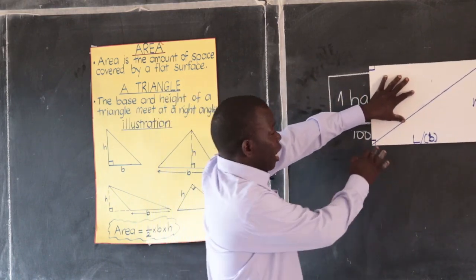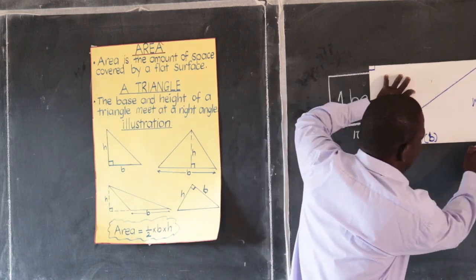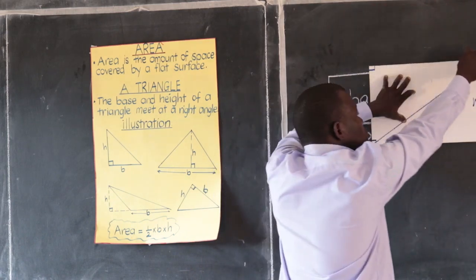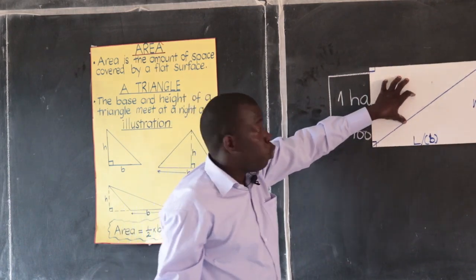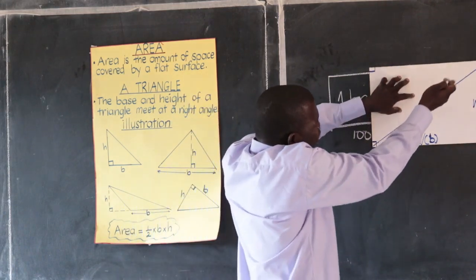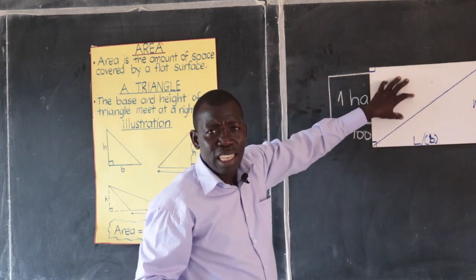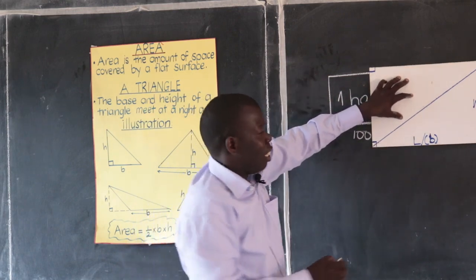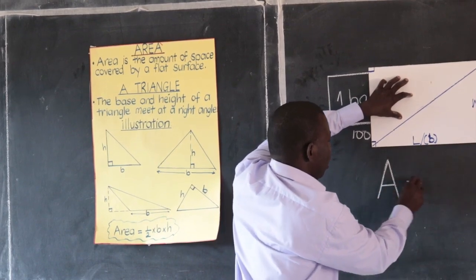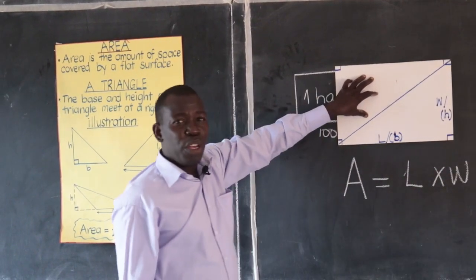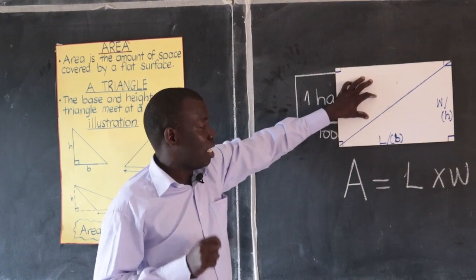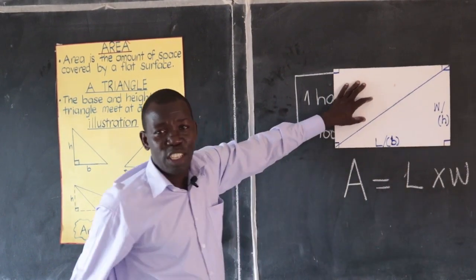So, in other words, the area of a triangle originates from the area of a rectangle. We know the area of a rectangle is equal to length times width. Now, when you divide it into 2 equal parts, you get the area of a triangle.